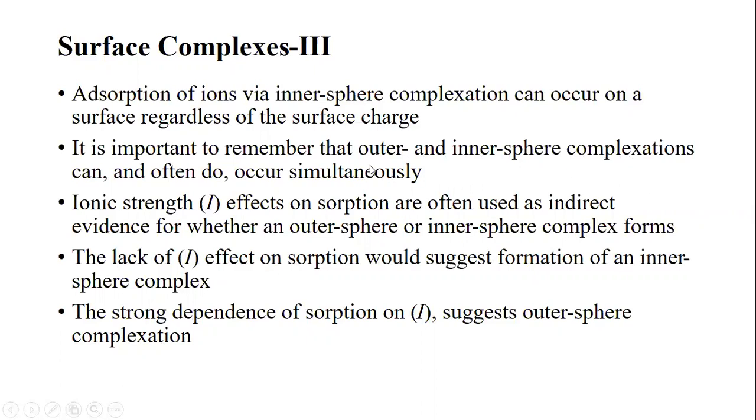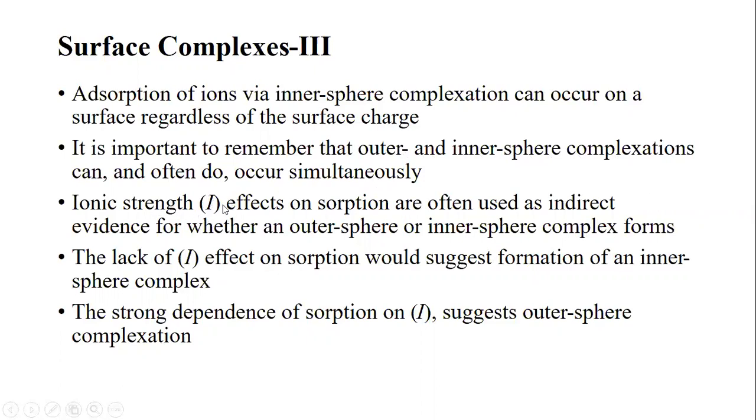Simultaneously means at the same time, but not at the same site. So in different positions on the colloid surface, you can have outer sphere and inner sphere complexation happening at the same time.